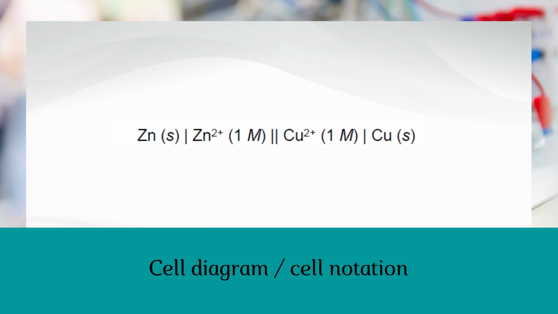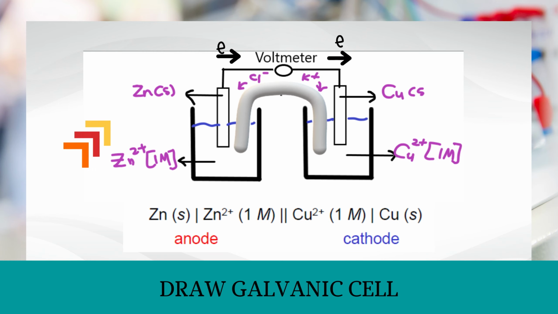Now, from the cell notation shown in the slide earlier, you are able to draw a galvanic cell. Here, solid zinc is the anode and 1 molar Zn2+ is the electrolyte in the half cell for the oxidation at the anode.